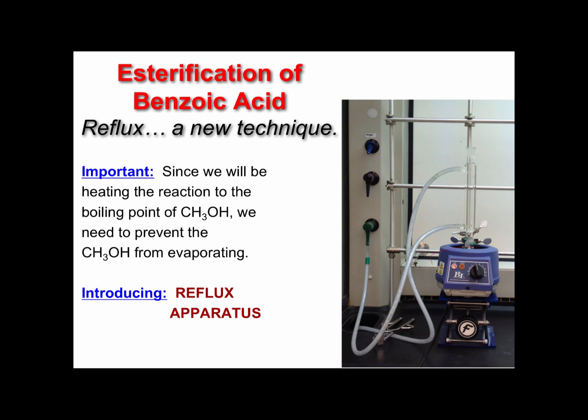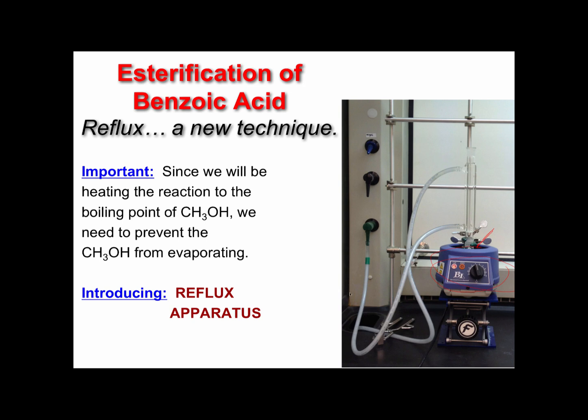Down inside, it's a little bit difficult to see, is the round bottom flask. In that round bottom flask is the reaction mixture. It has the benzoic acid, it has methanol as the solvent, and it has the acid catalyst, sulfuric acid, and we've added some boiling stones. And we've attached directly to the round bottom flask a reflux condenser.